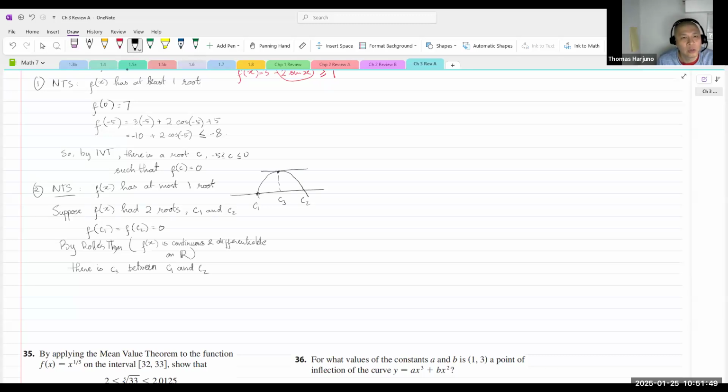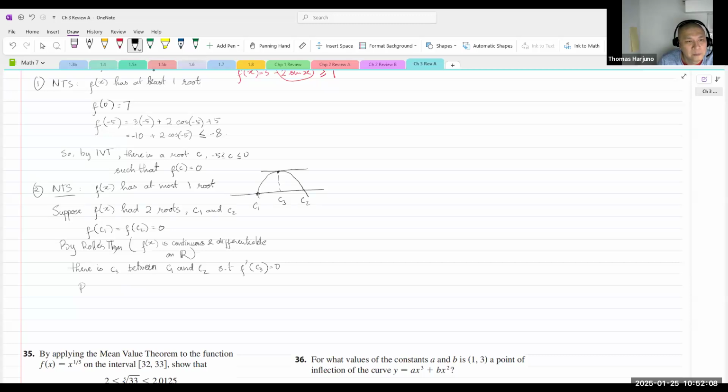There's a C3 between C1 and C2 such that f prime C3 equals 0.